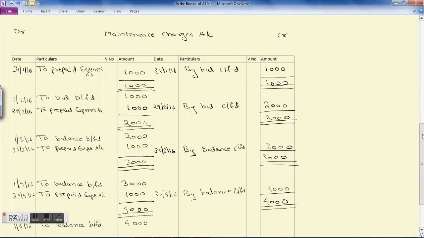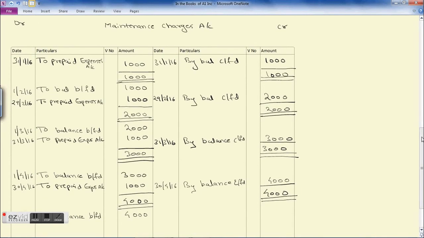Okay, now similarly if you go to the expense account, maintenance charges account, what is happening? Balance brought forward is increasing. See, 1/12/2016 it was 1,000, 1/3/2016 it was 2,000, 1/4/2016 it was 3,000.